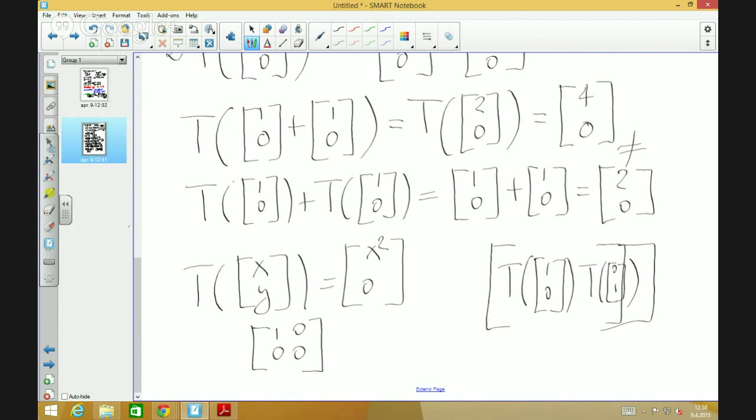Well, to figure that out, we multiply this matrix by (x, y). And the result would be the vector with 0 down below here, and above x. Which is not what we wanted, would it? Because what we wanted was (x squared, 0).